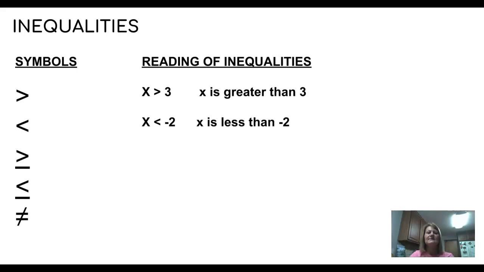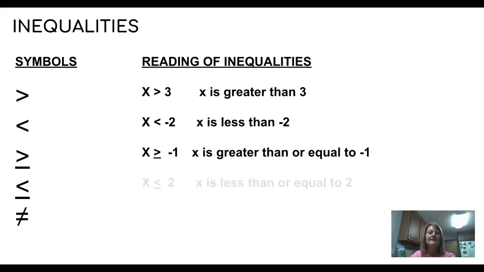X is less than negative 2. X is greater than or equal to, not both, one or the other. Hopefully that makes sense, because you cannot be greater than and equal to at the same time. Then you have x is less than or equal to 2.